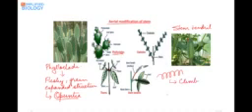Leafless, spirally coiled structures developing from axillary buds. They help the plant to coil around a support, as seen in this plant. Examples are grapes, passiflora, that is passion flower, and cucurbits.